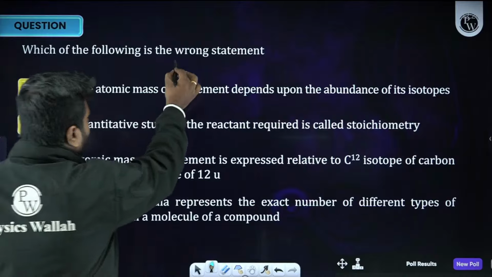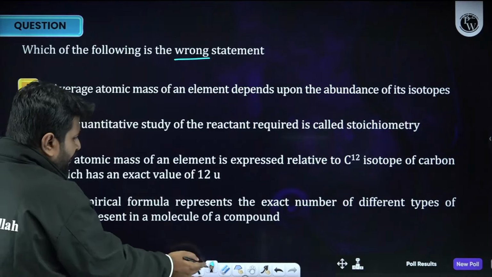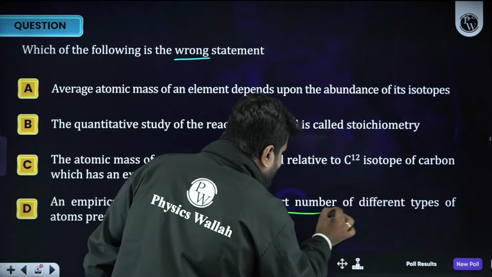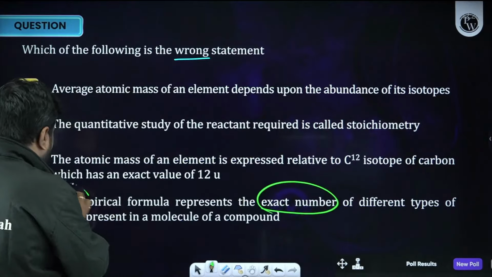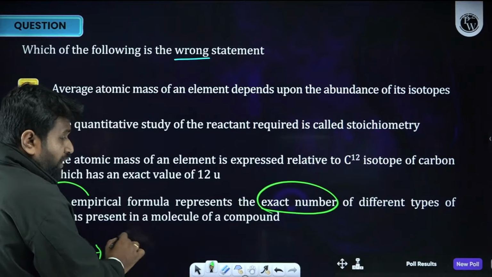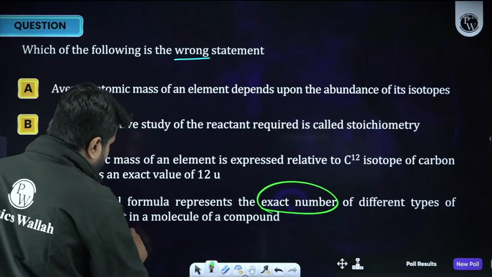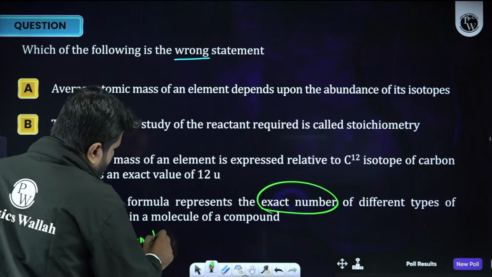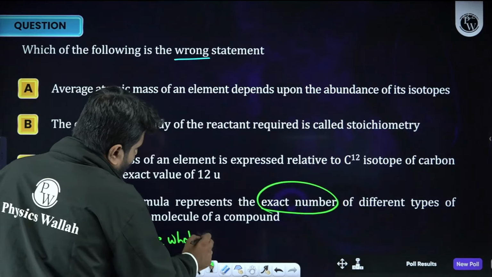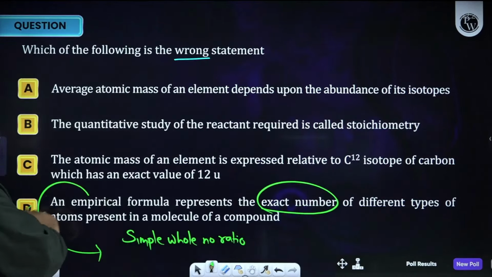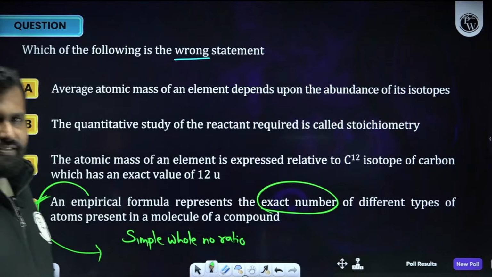They are asking for the wrong statement. Here, an empirical formula represents the exact number, they told. What is the empirical formula? Simplest whole number ratio. So that is not the exact number. So option D is the right answer.